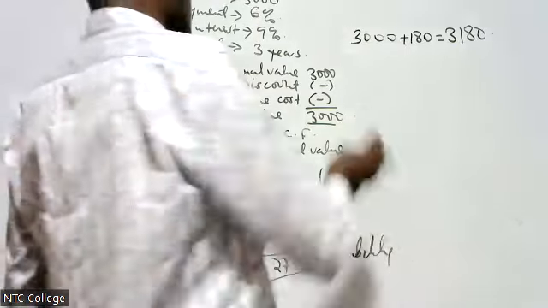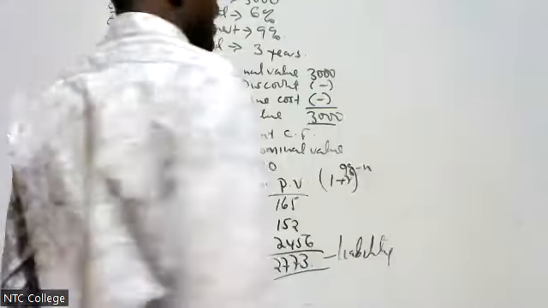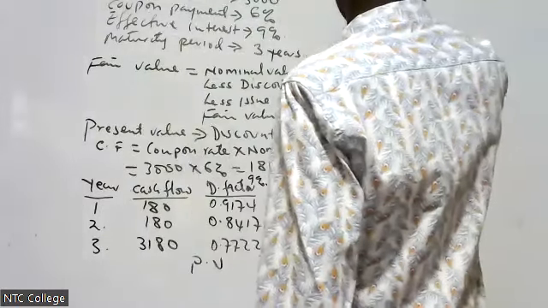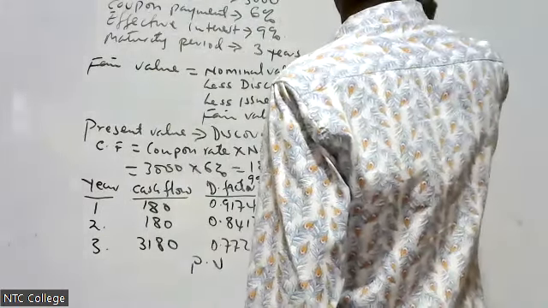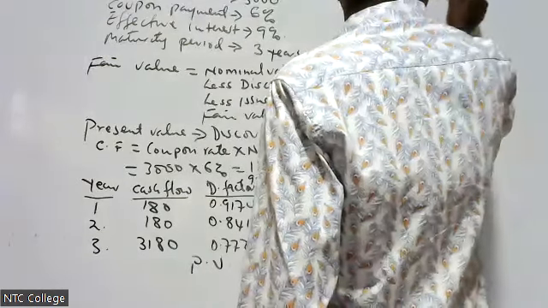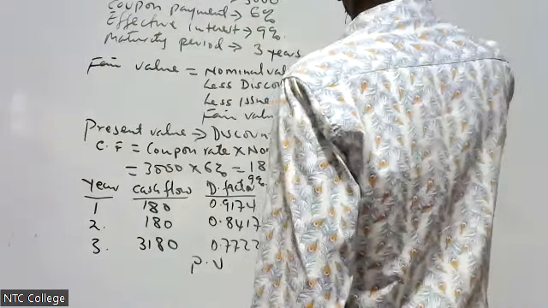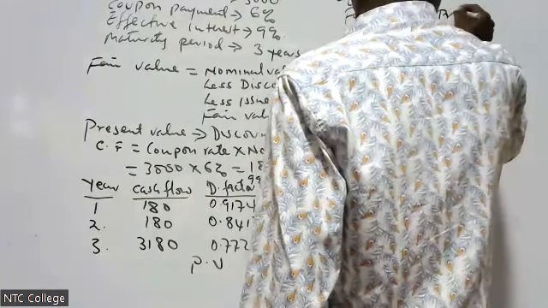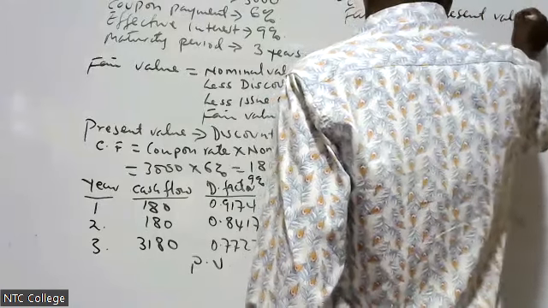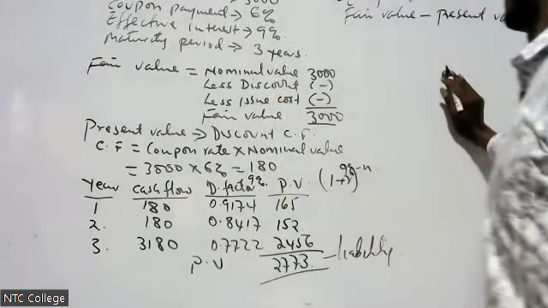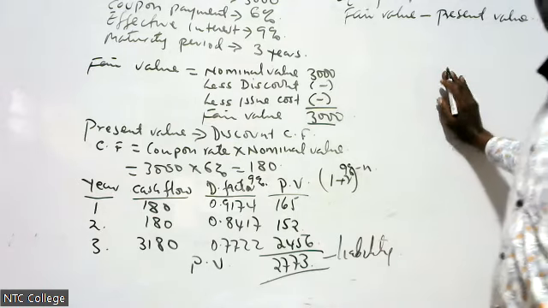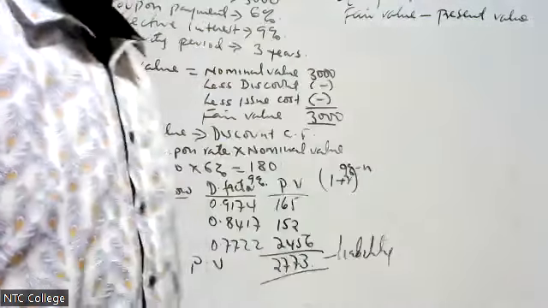Therefore, my equity component, let me shift here, my equity component equals the fair value minus the present value. We said to determine the difference.